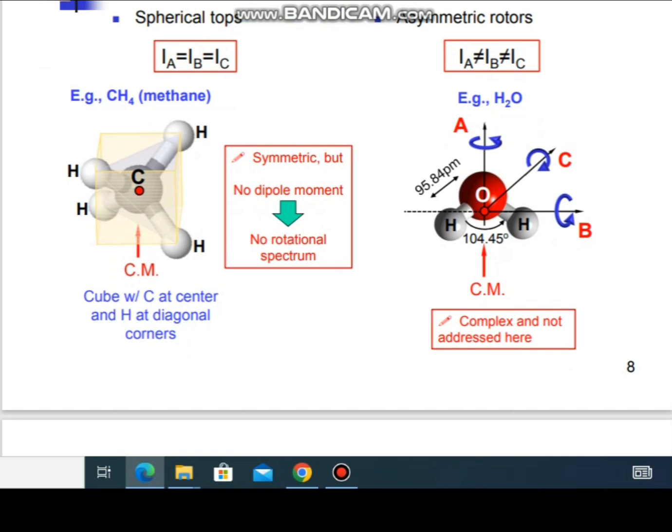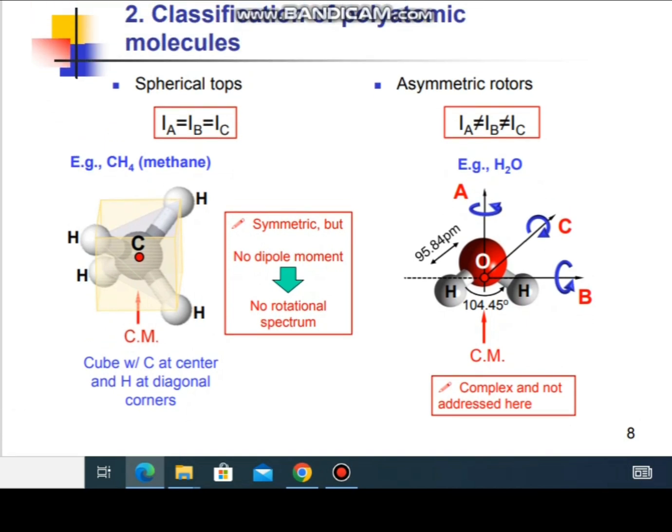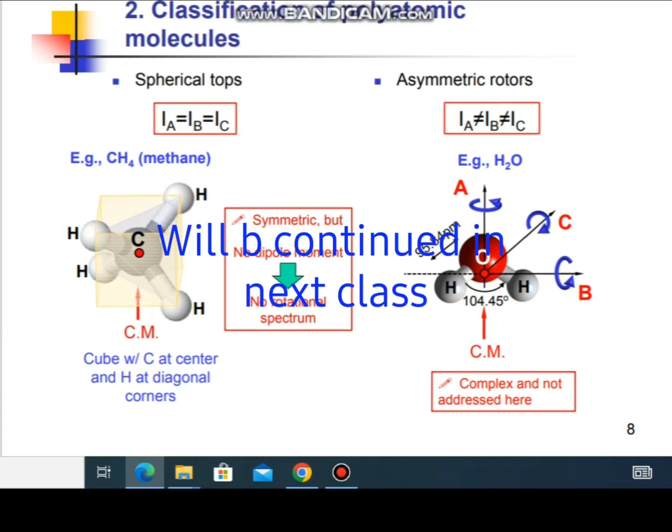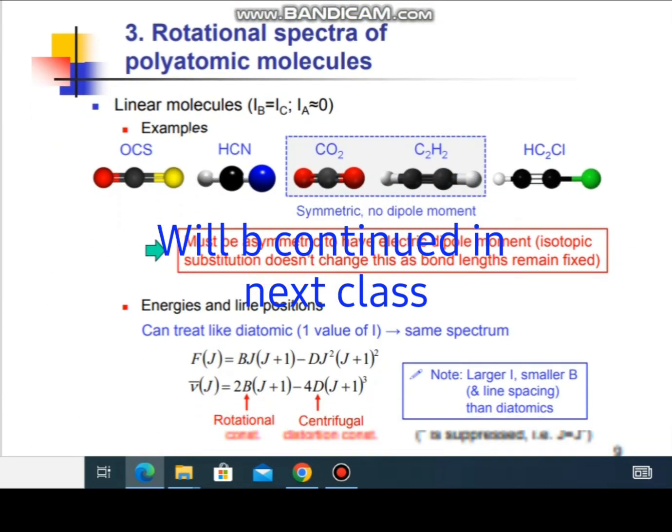In this case, the moments of inertia are balanced: IA is equal to IB is equal to IC. But in the case of asymmetric rotors, for example the water molecule, if you rotate it along the A axis, B axis and C axis, there is a movement of the atoms in it. But all the inertias are not equal in this case.